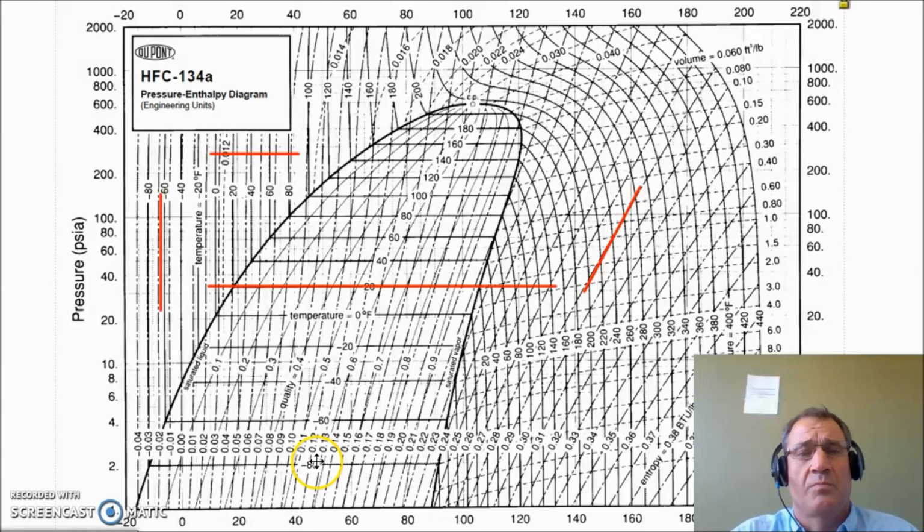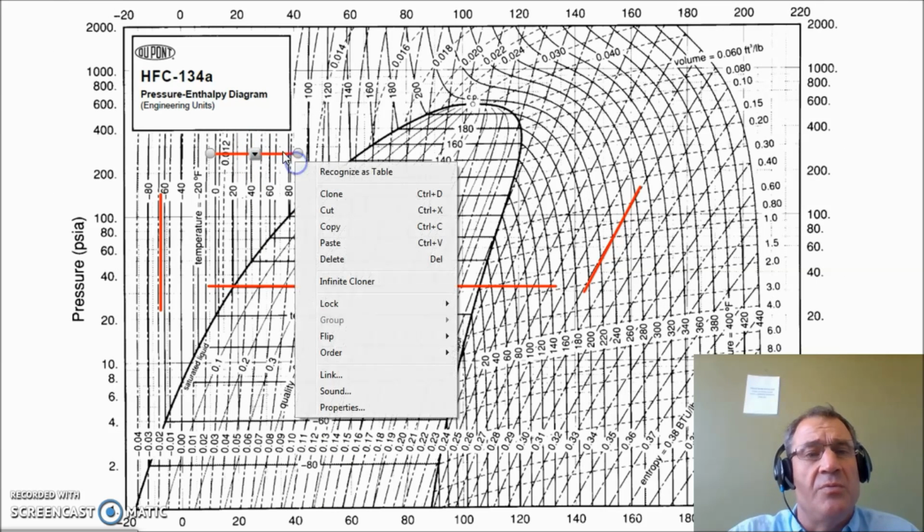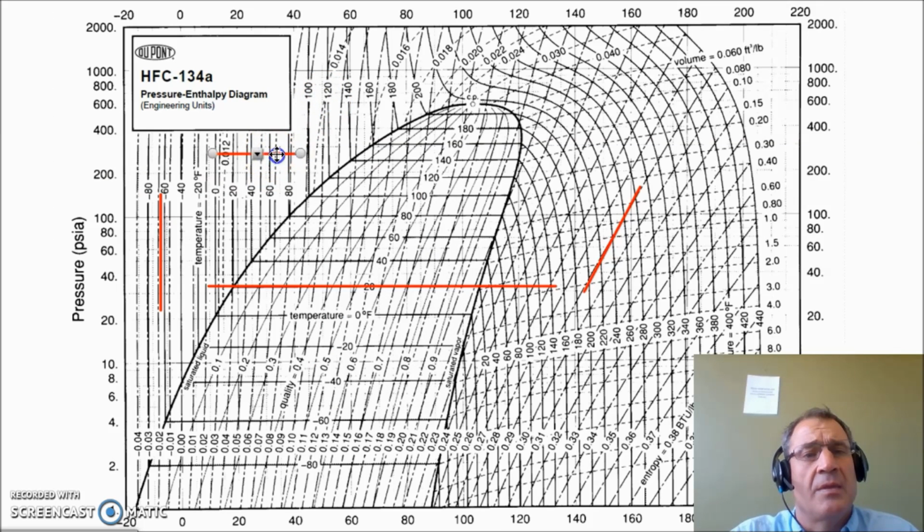And then for our high side pressure, since we're operating at an ambient temperature of 85 degrees Fahrenheit, knowing that in that ambient range our saturated condensing temperature will typically be about 30 degrees Fahrenheit above the ambient, so 30 plus 85, we're looking at a saturated condensing temperature of around 115 degrees Fahrenheit.